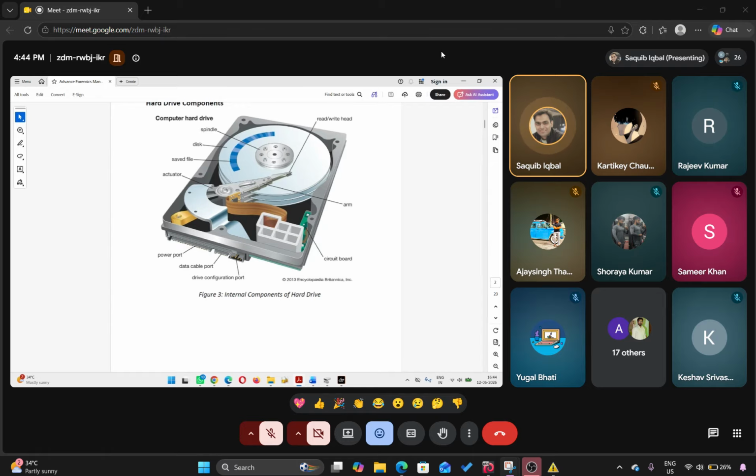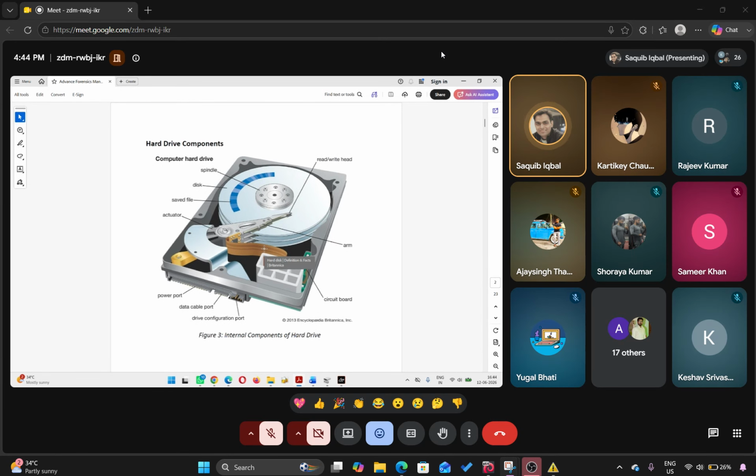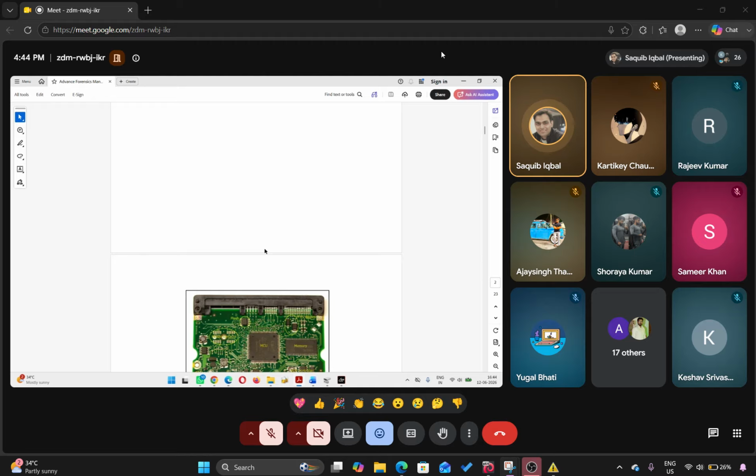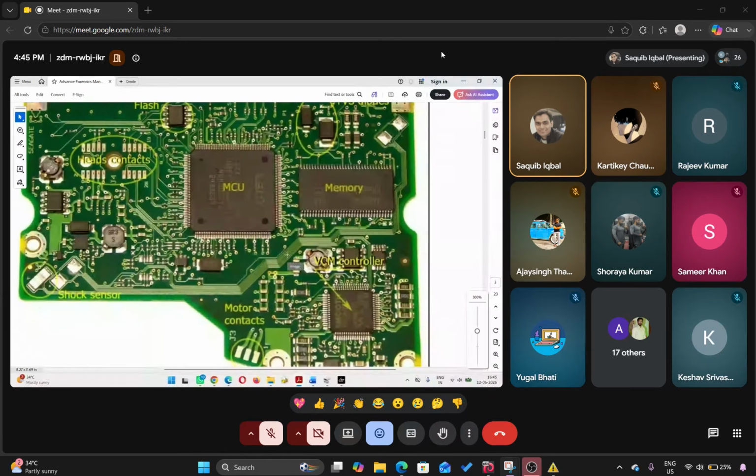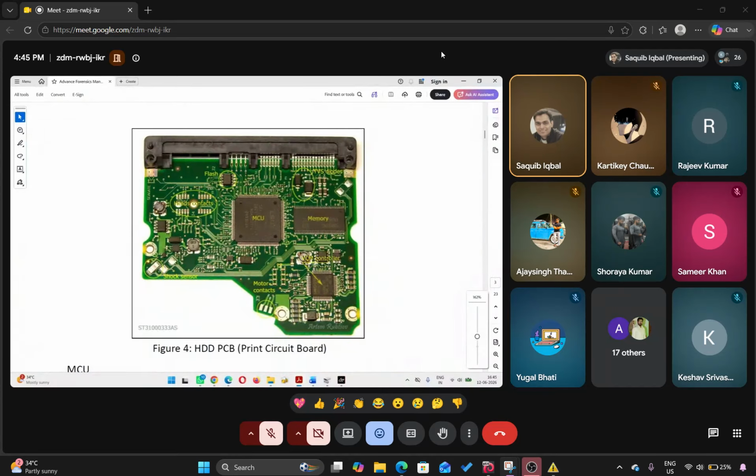This gray part is the reading writing head. It reads the data, it writes the data, and there are other electronic circuitry. Behind the hard drive, as you can see in your day to day life, there is a board attached to your hard drive through which you can make connections. This is the main board you can see in the picture, and there are some special components embedded on this board.